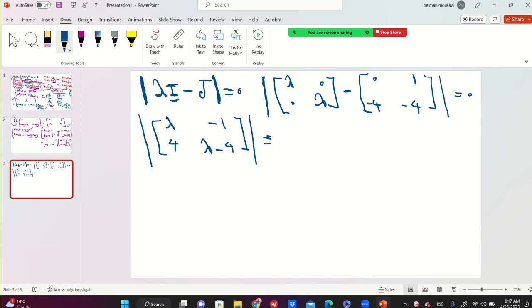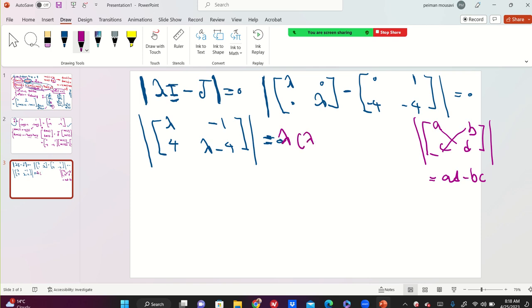So you know the determinant of a 2 by 2 matrix, if you remember from high school or university, A, B, C, D, its determinant is AD minus BC, diagonal. So it's going to be lambda in lambda plus 4, minus minus 1 times 4.